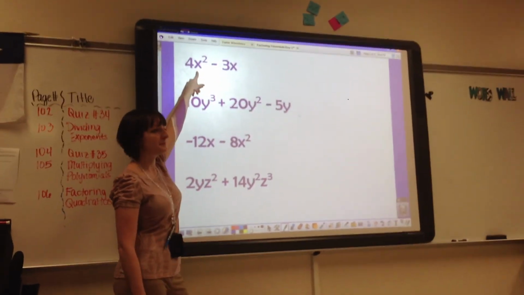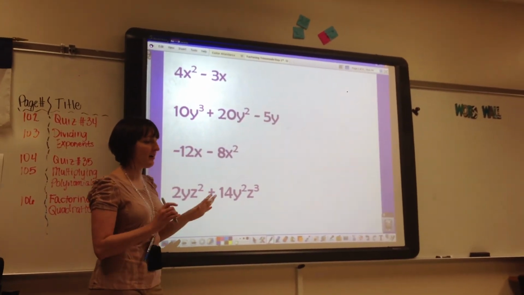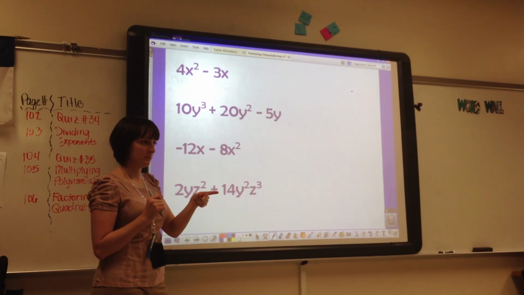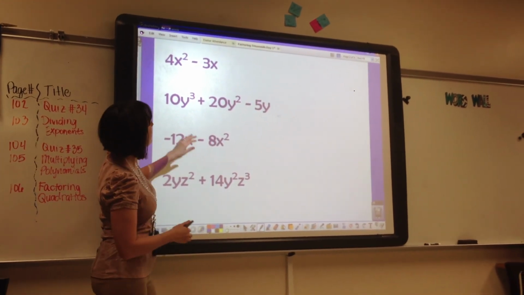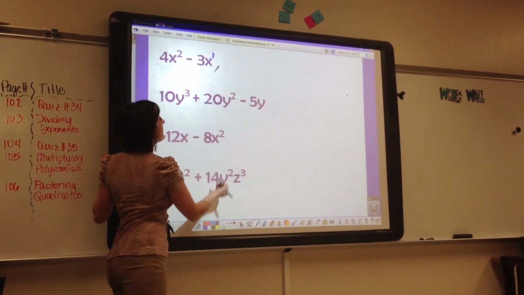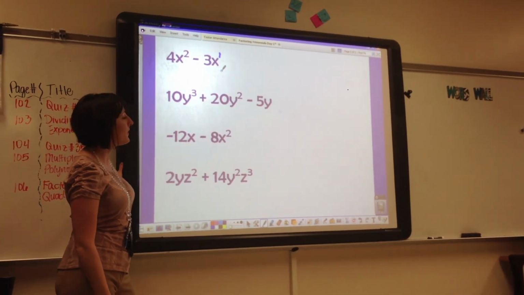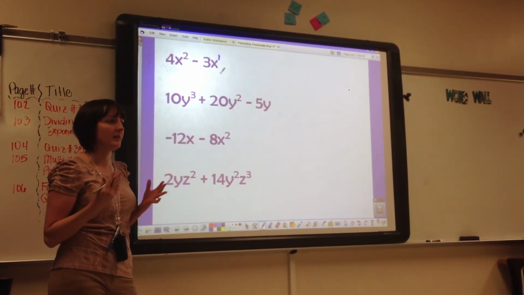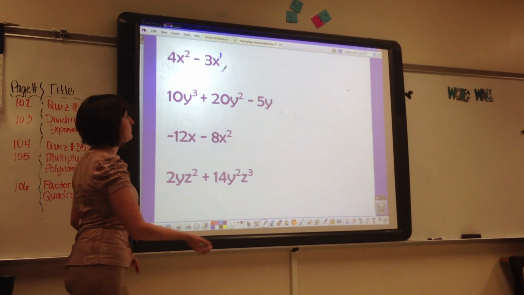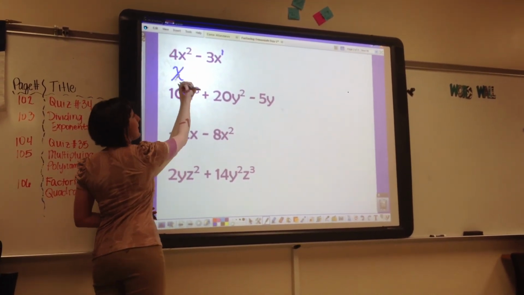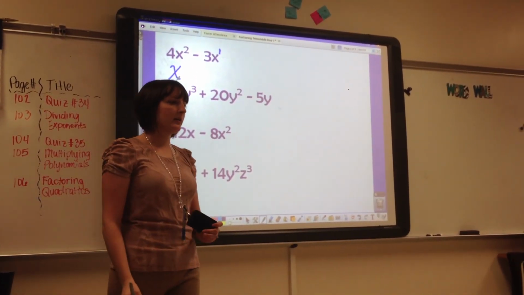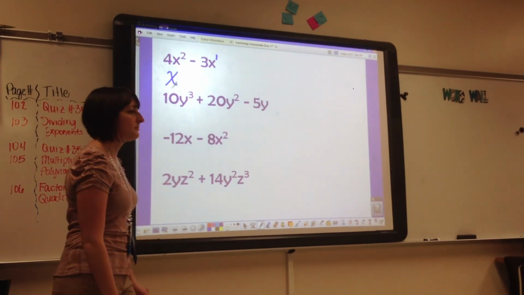How many is right here? 2. So both of them only have 1. Basically, look and see what the smallest exponent is, and that's how many they have in common. So the GCF for this one is x. So we want to divide an x out of that.